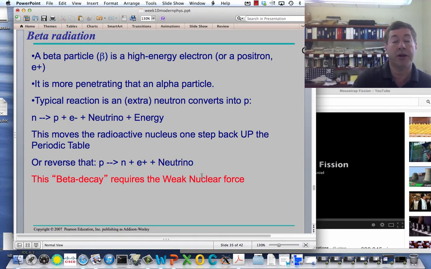And a neutrino is a particle that only experiences the weak nuclear force and gravity. It does not experience the strong nuclear force. So this example of beta decay, the production of beta plus and beta minus radiation, would be a wonderful example of a purely weak nuclear reaction which only can come about because of the weak nuclear force.